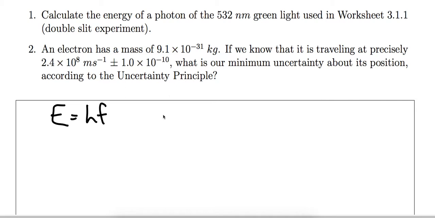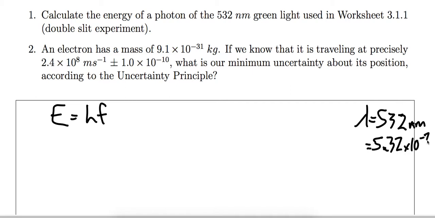So lambda equals 532 nanometers, equals 532 by 10 to the minus 9, which is 5.32 by 10 to the minus 7 meters.